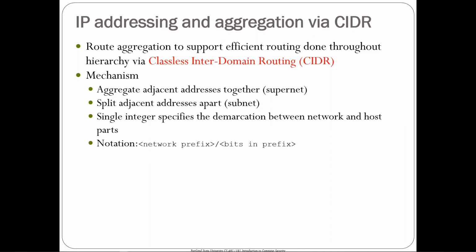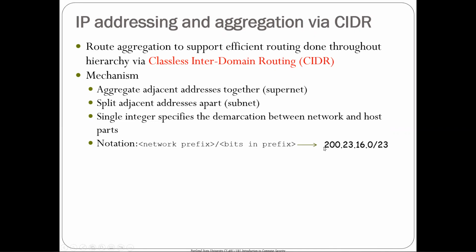Okay, the notation of CIDR is a network, basically a 32-bit IP address, and the number of bits in the prefix that denote the size of the block. So here's an example. I have this network prefix 200.23.16.0, and a number of bits in the prefix that the addresses in this range match.